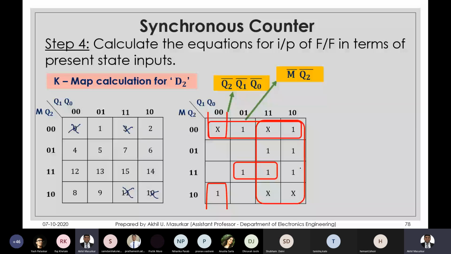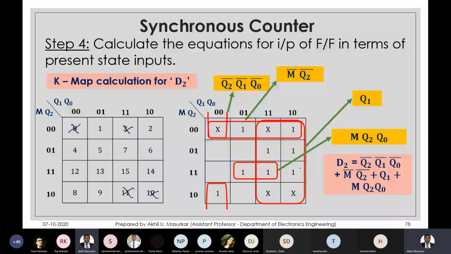Then we have the octet, that is Q1, and then M, Q2, Q0. So this is the value of D2.